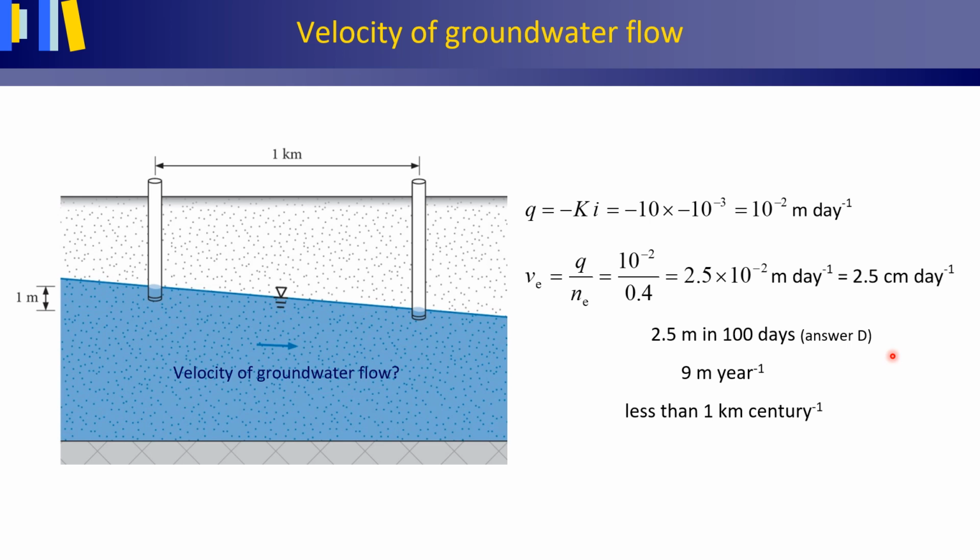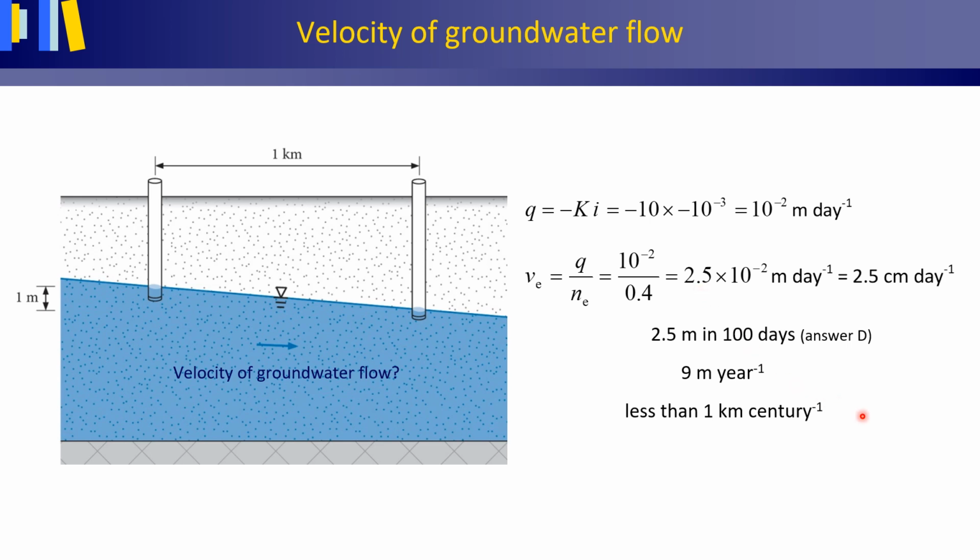Actually, the time it takes for a conservative pollutant at the left piezometer to reach the right piezometer is equal to the distance of 1000 meter divided by 2.5 times 10 to the power minus 2 meter per day, which gives 40,000 days, or more than 109 years.